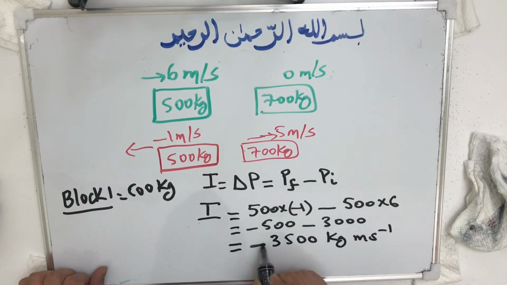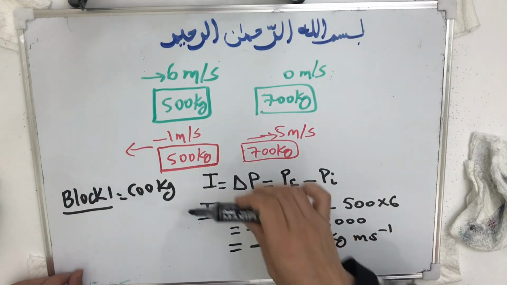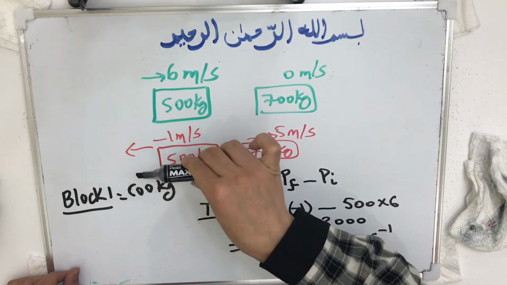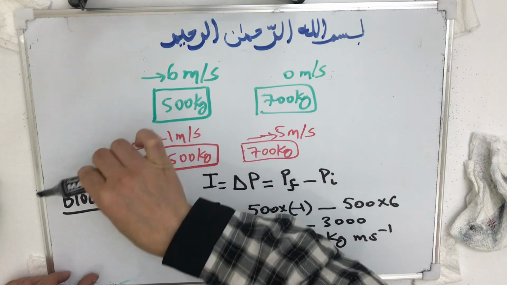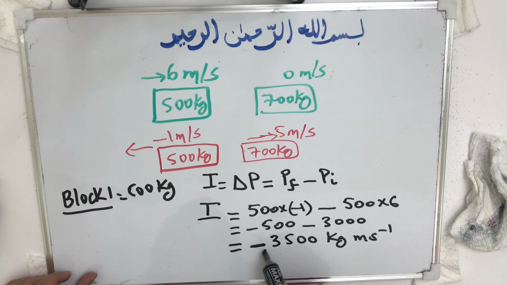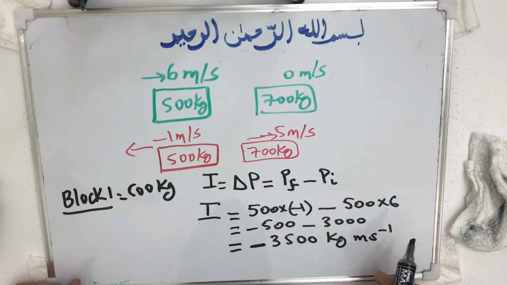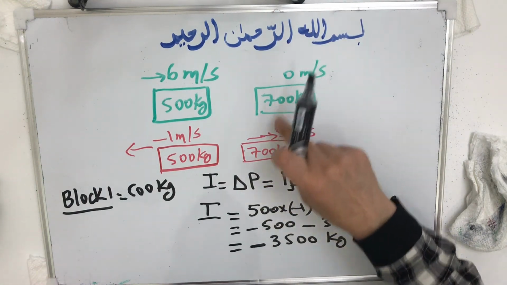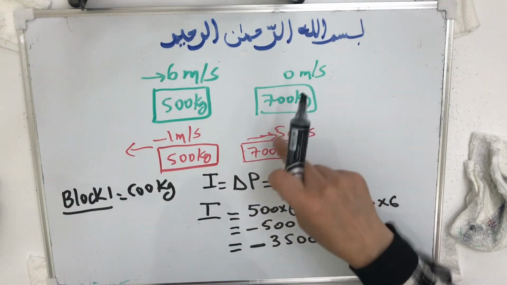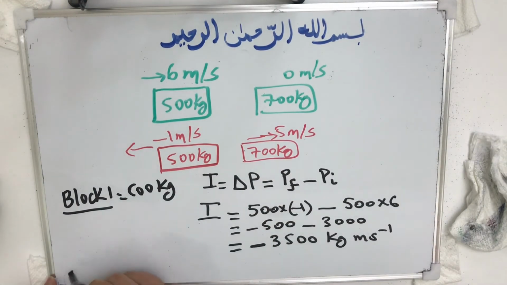You see this negative here? It's because this block is going to be experiencing a force to the left, hence the negative sign here. So can you guess the impulse, or the delta P, on the 700 kilograms, or on block 2?